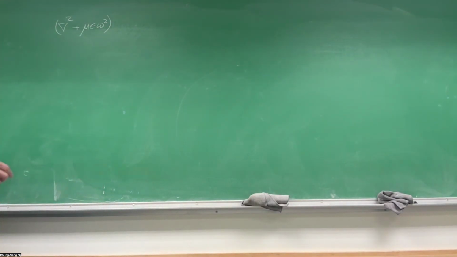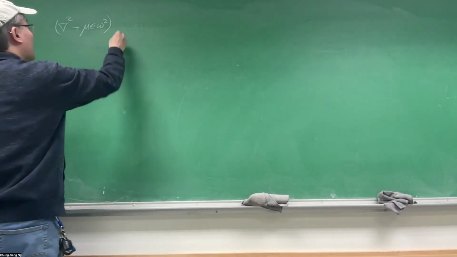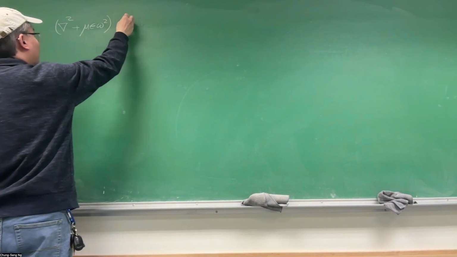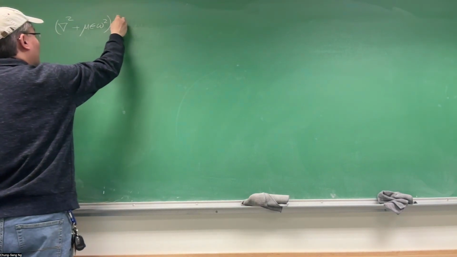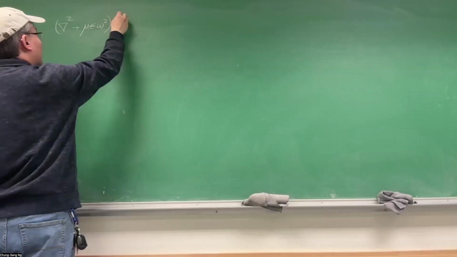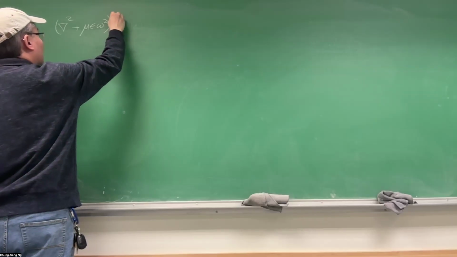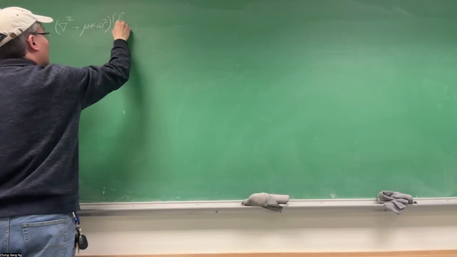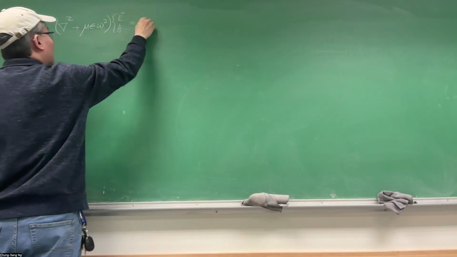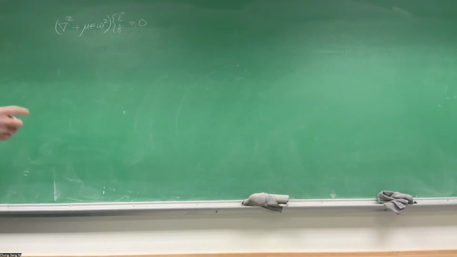We are assuming that everything oscillates in single frequency. And both electric field and magnetic field satisfy the same equation. So either E or B satisfy the same equation, oscillating with the same frequency.